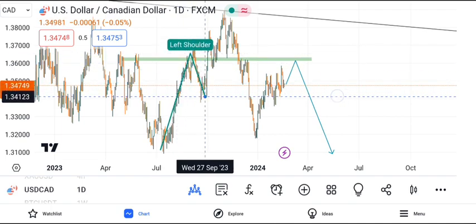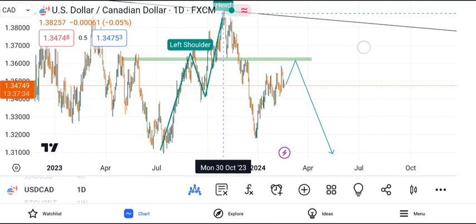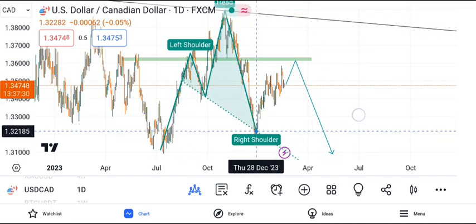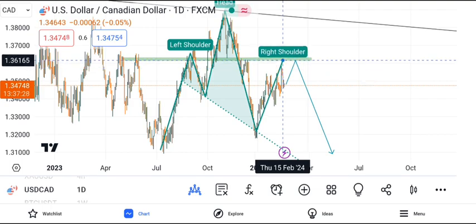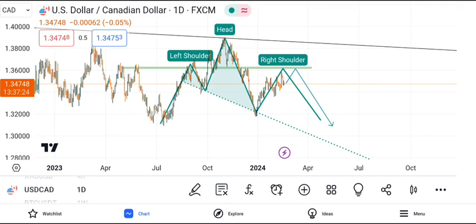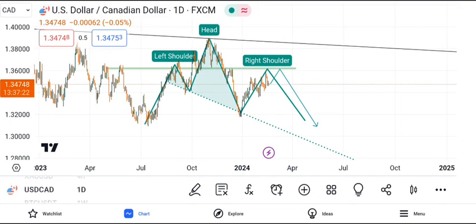The pattern is possible. This is the head, and these are the shoulders. This doesn't really make sense, but this is the market. The market cannot be perfect and cannot give you exactly what you want, like a perfect textbook pattern.